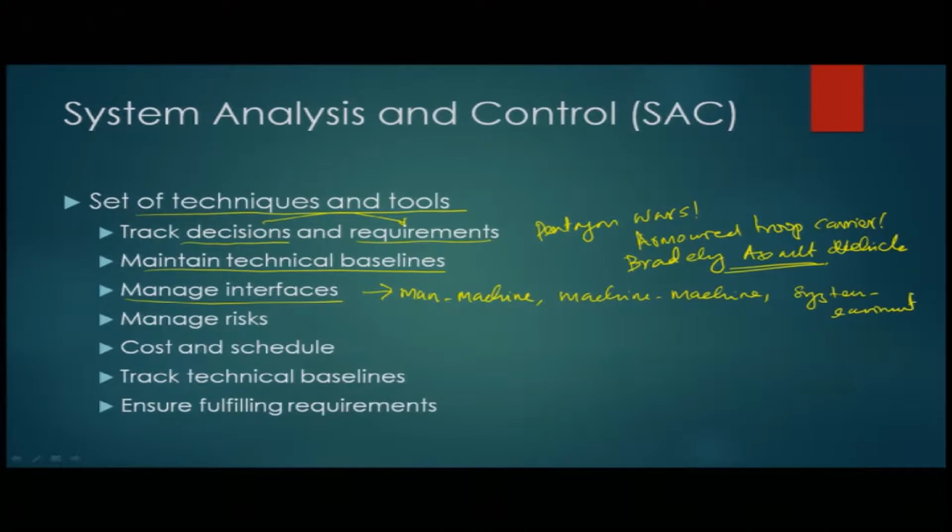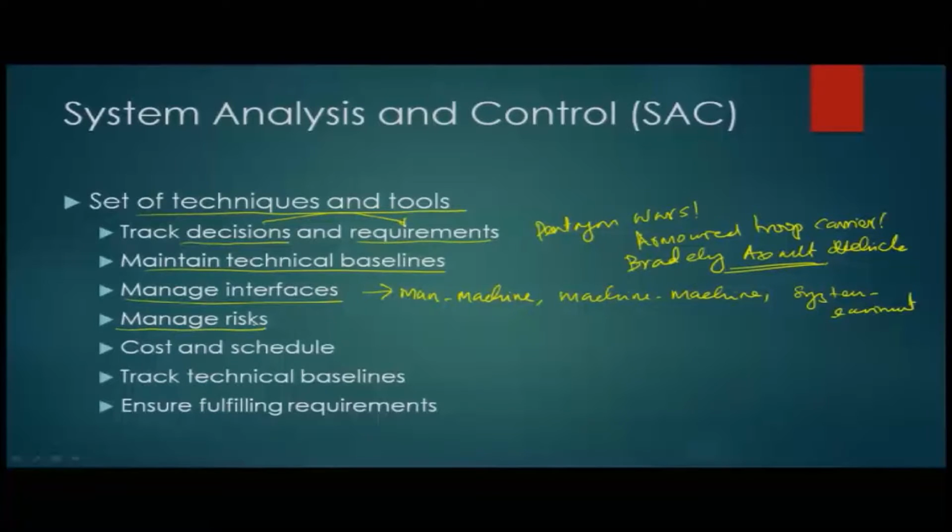If you have an electrical system, how does it get connected to a mechanical system? An electric signal, how does it get translated to a particular movement of the torque arm of the servo motor? All those things get done as part of this. How does the human being who is supposed to operate the system operate it? How does the person in charge of producing this system go about producing it? All those aspects are part of managing the interfaces.